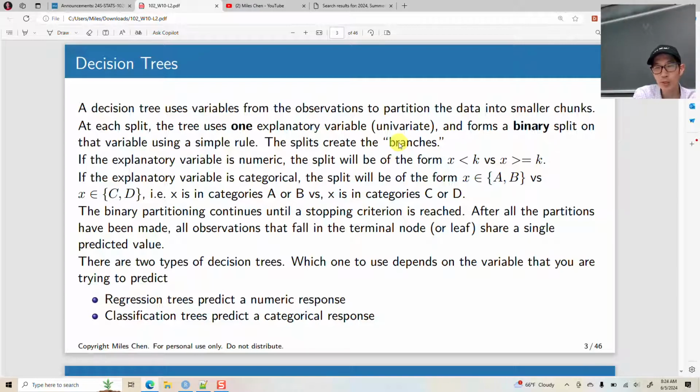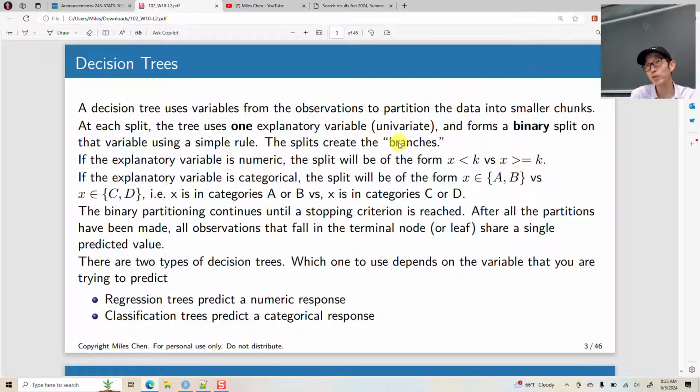Your binary splits could be something like, if you have a numeric variable, is x greater than k or x less than k. So it could be like age: is the person over 30 or under 30? That will form two groups, right? And if you want more than two groups, then you'll have to do further splits.